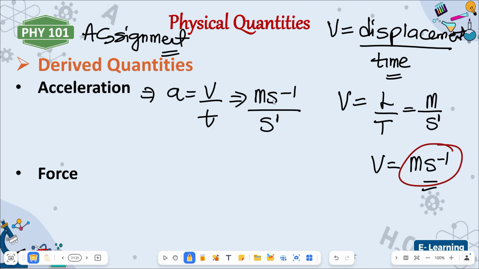You cannot cancel these two. These seconds raised to the power of 1 have to cross up. So acceleration will be meter per second times seconds to the power of 1 crossing up, which becomes seconds minus 1. I told you why it's like that, because whenever this one crosses up, the sign changes to negative.